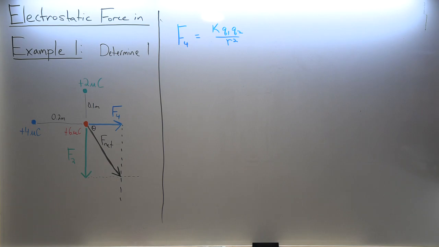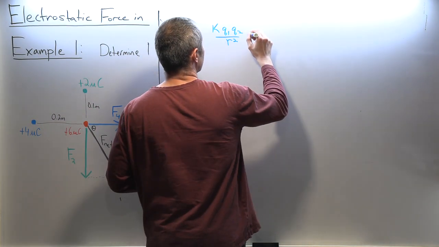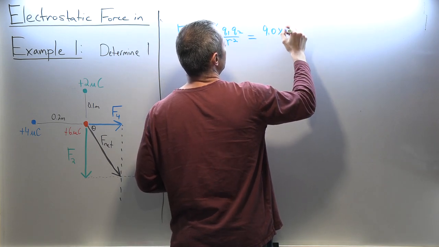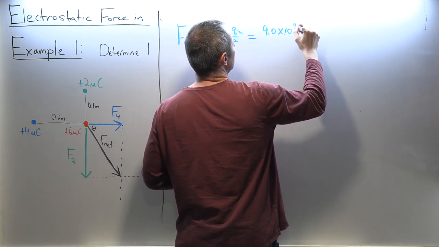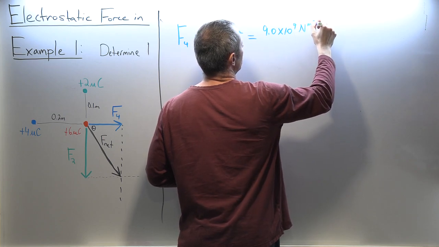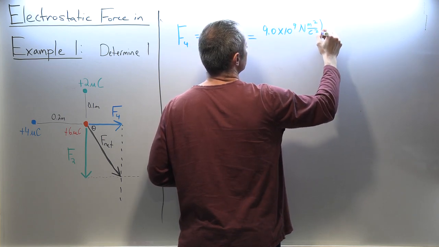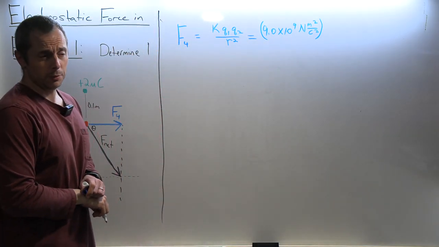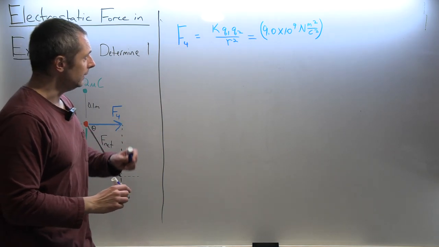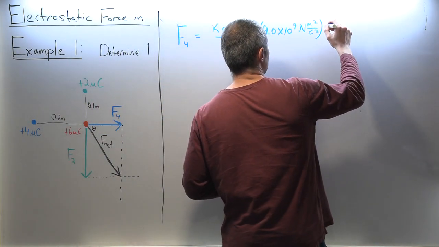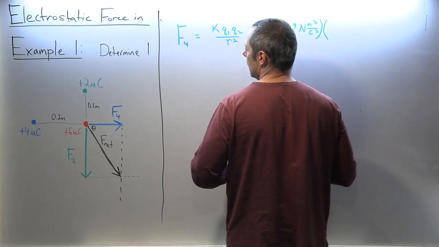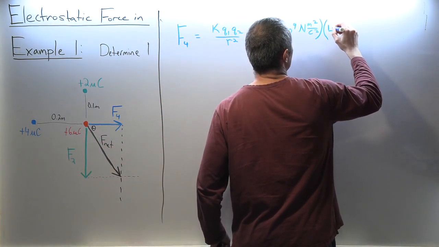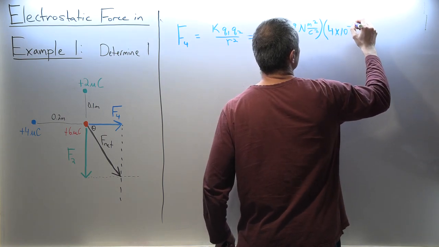Okay, it looks good. All right, so K, I'm going to use 9.0 times 10 to the 9th newton meters squared over coulombs squared. You can use 8.99 if you want a little bit better precision, but 9.0 works fine and gets you full credit. And then the 4 microcoulomb charge is 4 times 10 to the minus 6 coulombs.